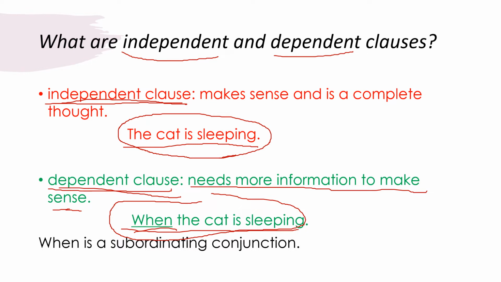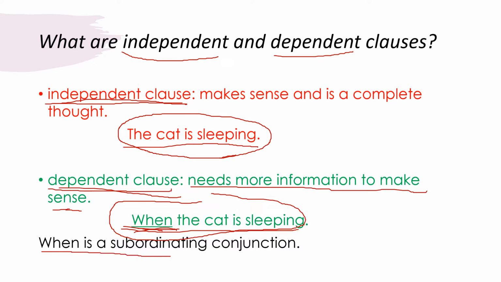So again, when I say the cat is sleeping, this is an independent clause. If I add to it the word when, it becomes not a complete thought. Why? Because when you see when, you think that you have to finish it so you can understand it. So when I added when to the independent clause, it became dependent clause.